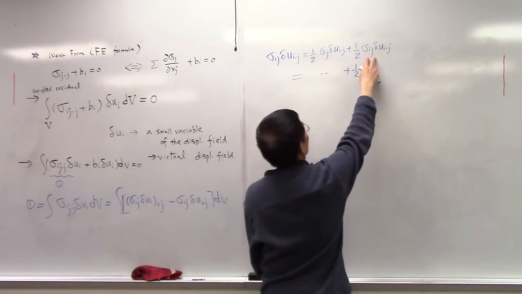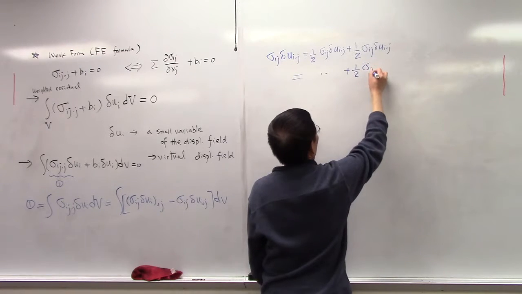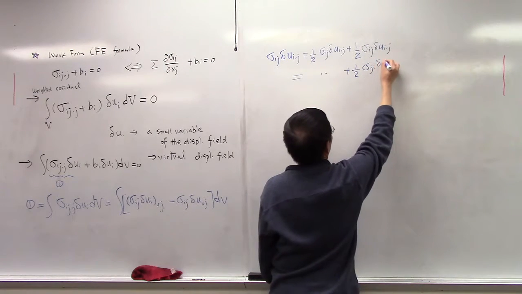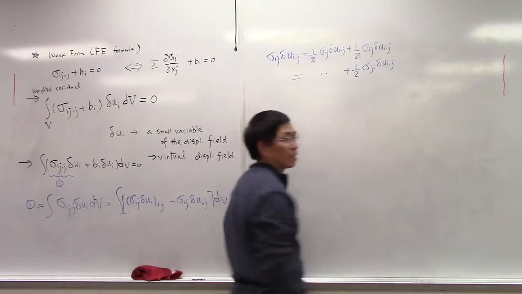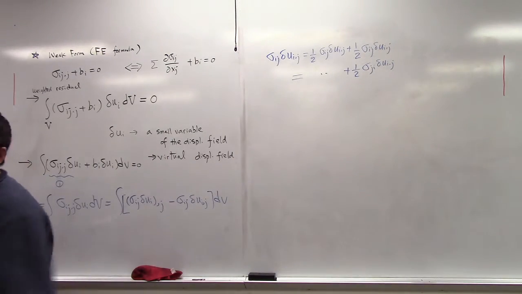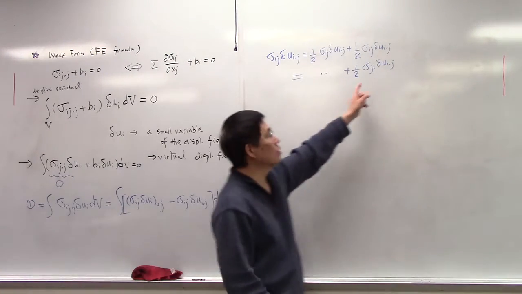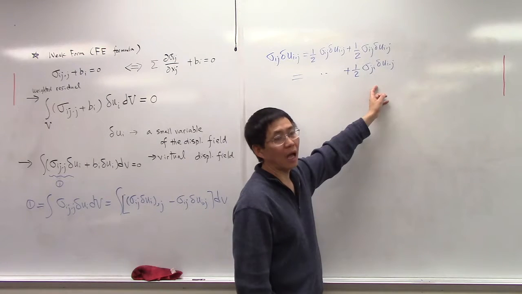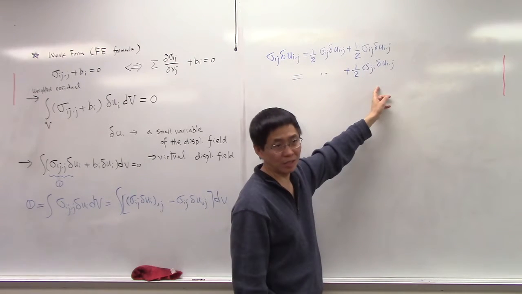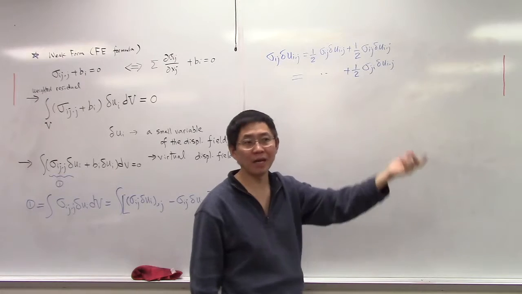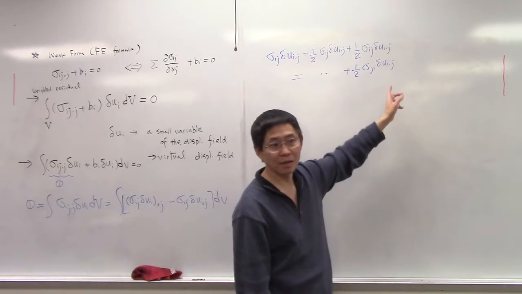I flip these two. So I write it as ji and then delta ui comma j. That is okay, because we know stress components are symmetric with respect to its index. Whether you call it sigma ij or sigma ji, it's the same thing, right?